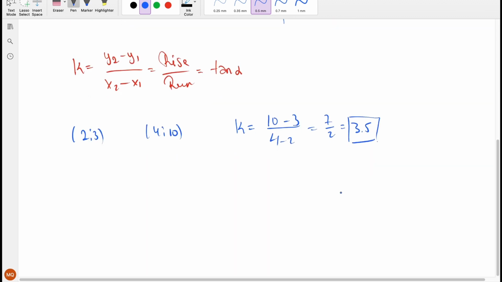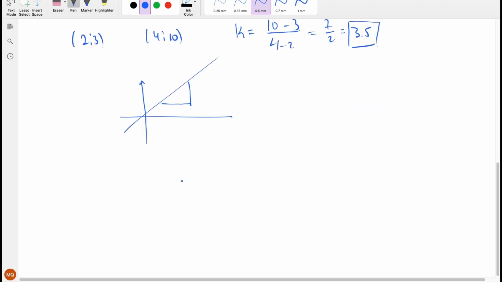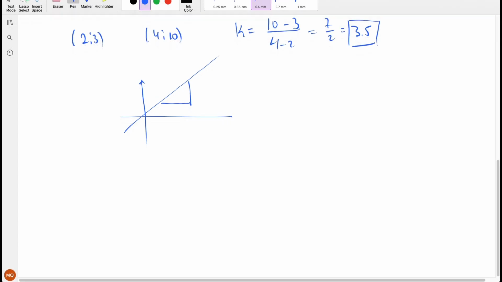But when these points are given in a graph like this, I try to create a triangle like this. Then you can find rise easily, and then divide it by run. Let me show you one example.